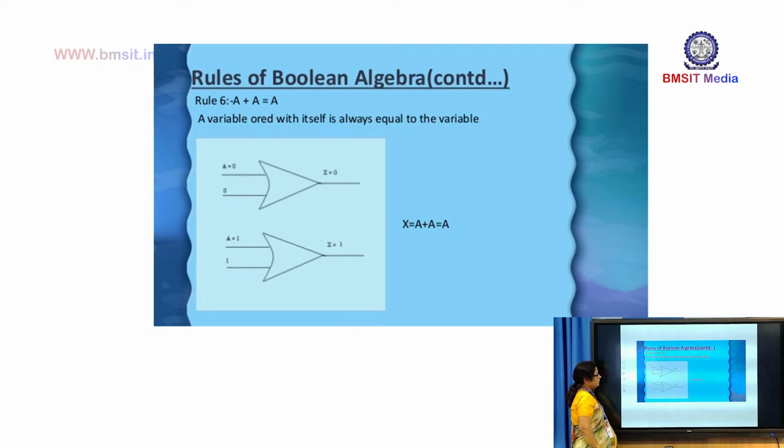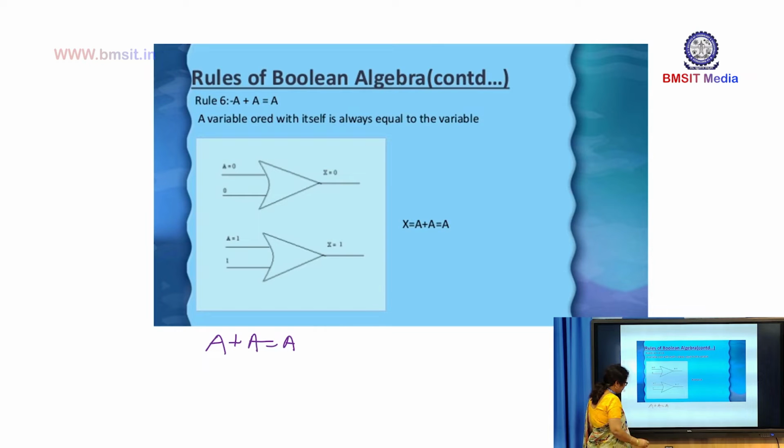Next identity is A plus A equal to A. How do we prove this one? Since this also has only one variable, it can take only two values, either 0 or 1. We will see what happens if it is equal to 0.